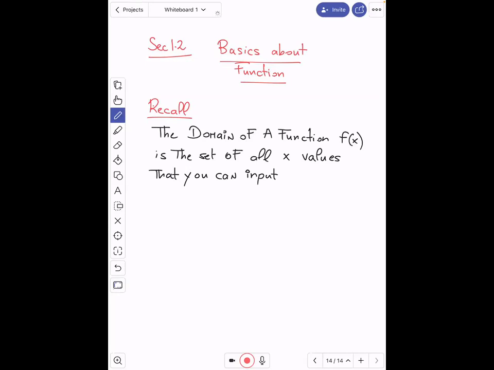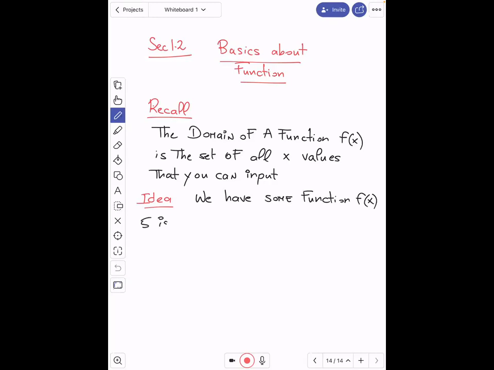So what do I really mean by this definition? Let's say we have some function f of x, and you say 5 is not in the domain.